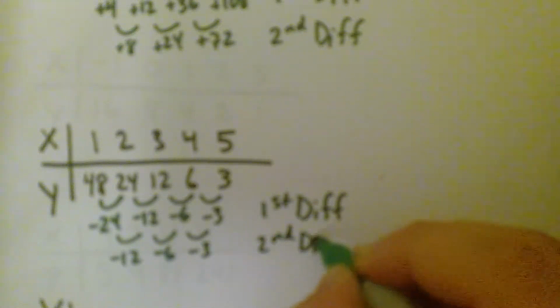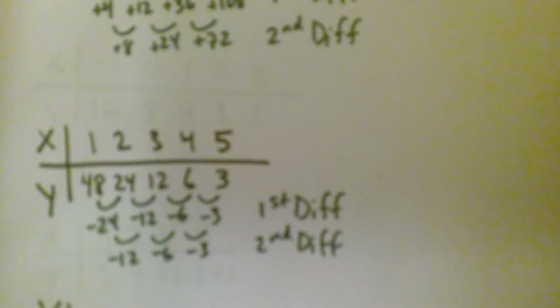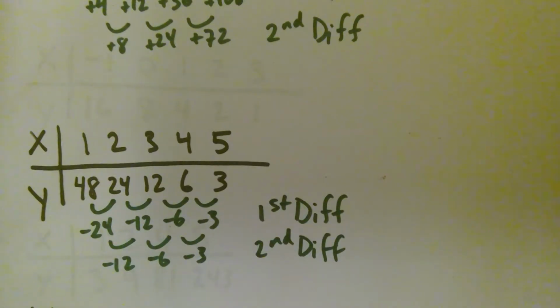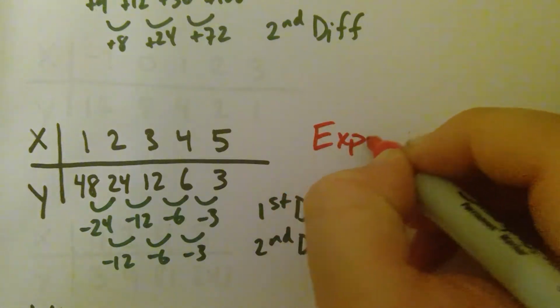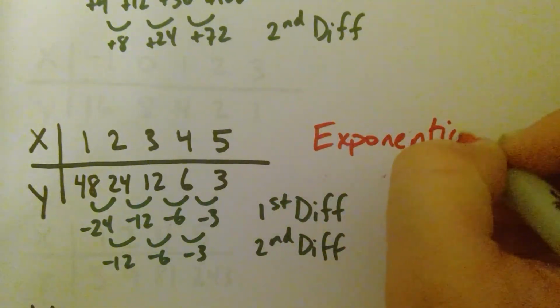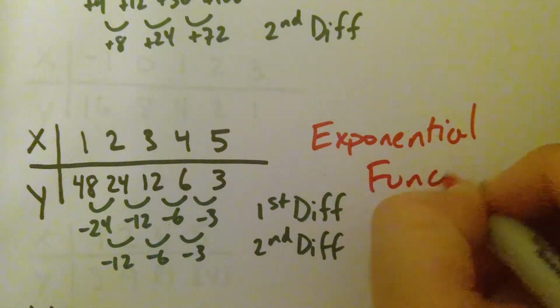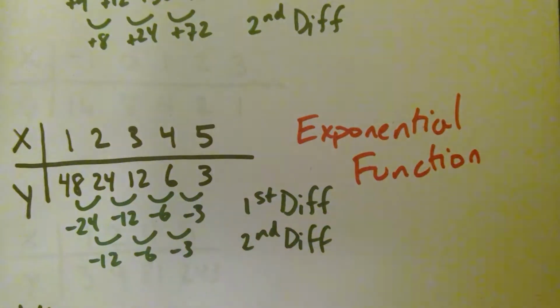That's the second difference. Notice how we have a pattern here again. We see that pattern repeat itself. So this is an exponential function, because we have that same pattern in our first and second differences.